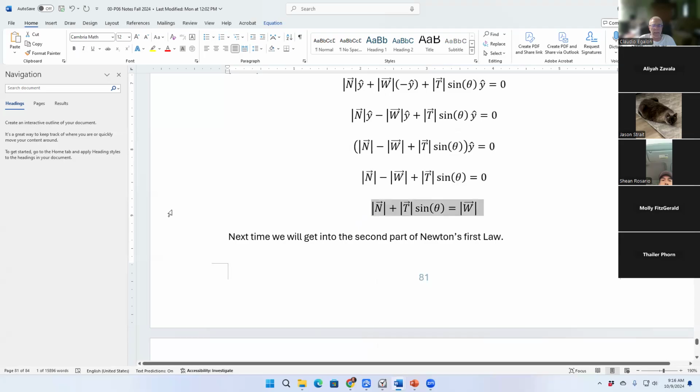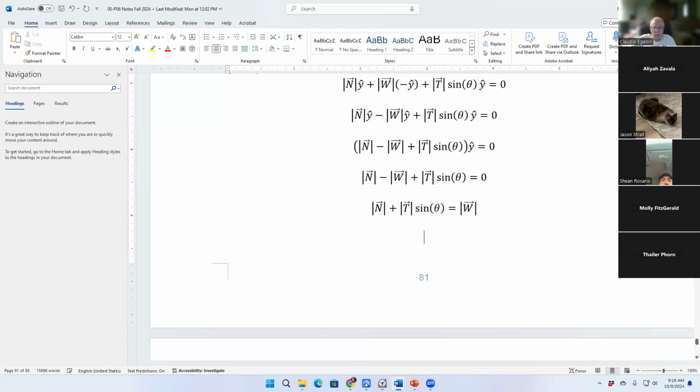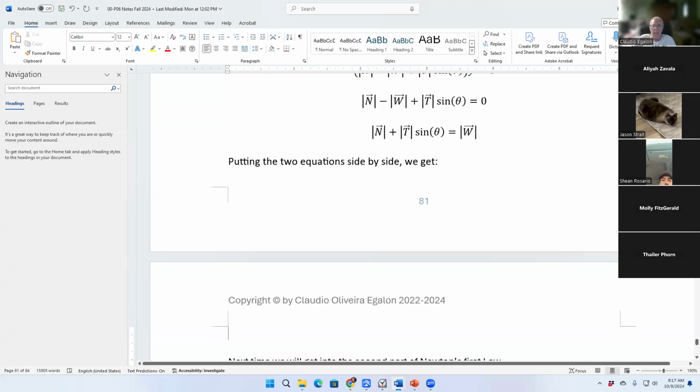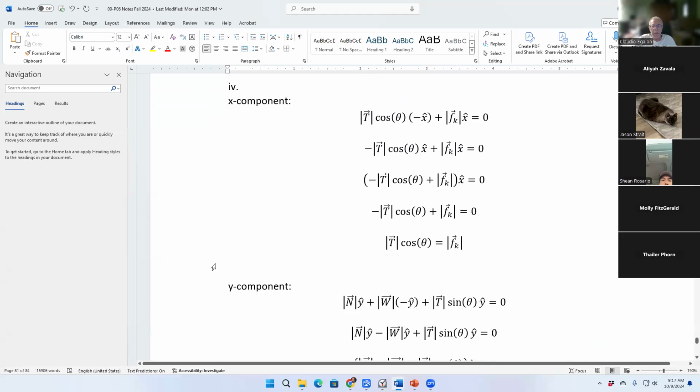The furthest that we can go is this equation right in here. And the two equations now are, putting the two equations side by side, we get this one and this one.